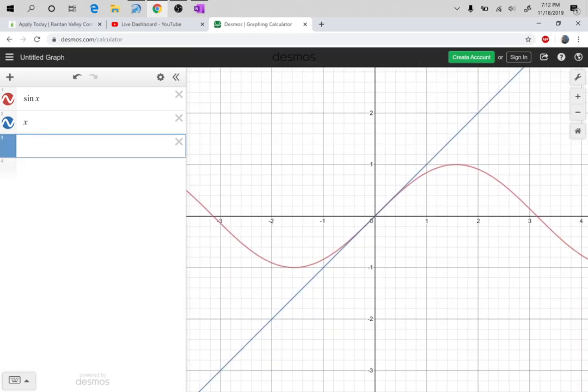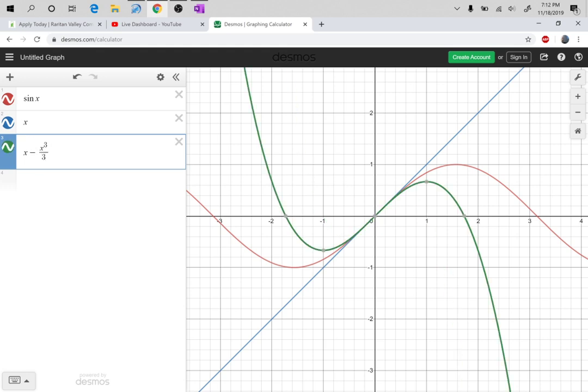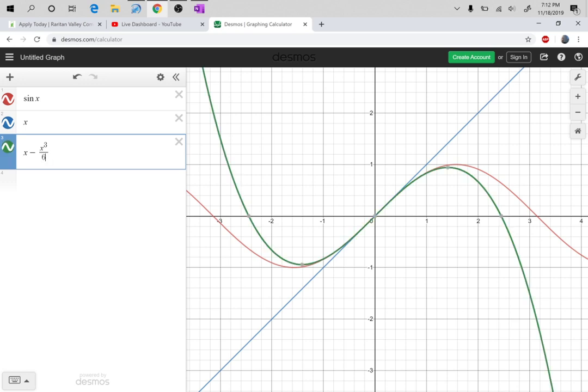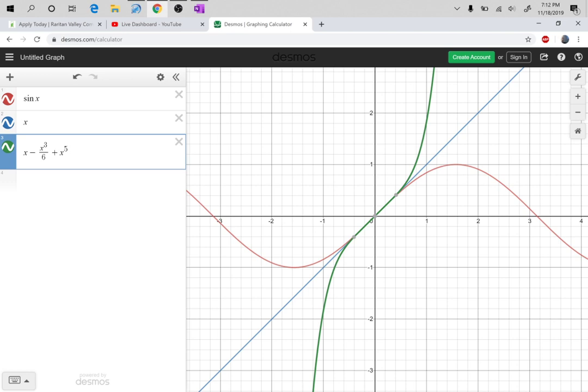Now we are going to add the rest. X minus x cubed divided by 6. And then I have plus x to the 5 divided by 120.